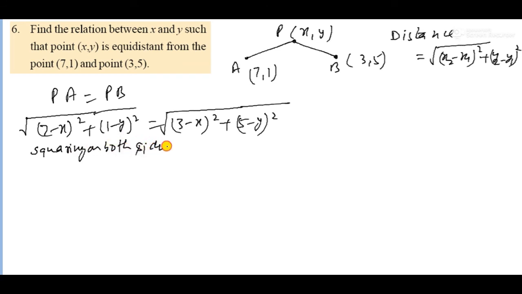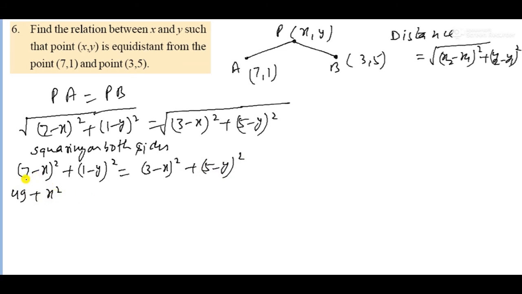Now come to question number 6. Find the relation between x and y such that the point (x, y) is equidistant from the points (7, 1) and (3, 5). First of all, let the point P be (x, y). And here is point A, given as (7, 1). So it is PA. And here is PB, and the point B is given as (3, 5). Equidistant means PA is equal to PB. Now apply the distance formula.